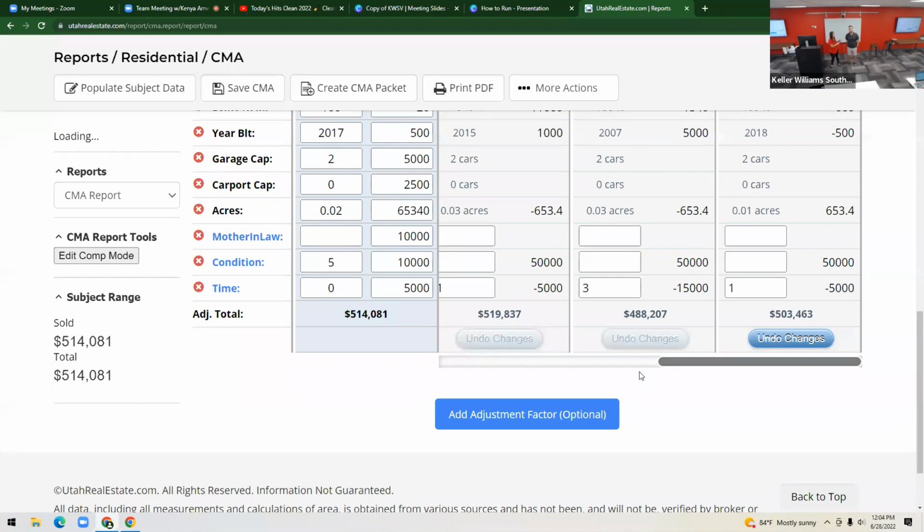The appraiser is bound by certain rules and guidelines that he has to follow. So we need to know what that gap is, kind of like Annie was just pointing out. We need to know where the appraiser is and where we are so that we can foresee the issues that we're going to need to solve in the transaction.